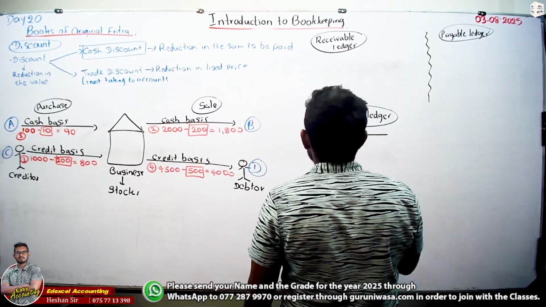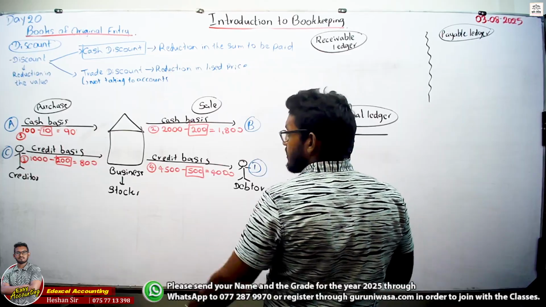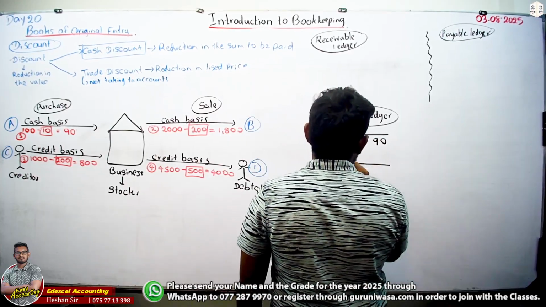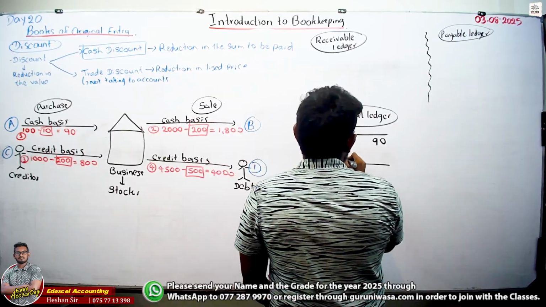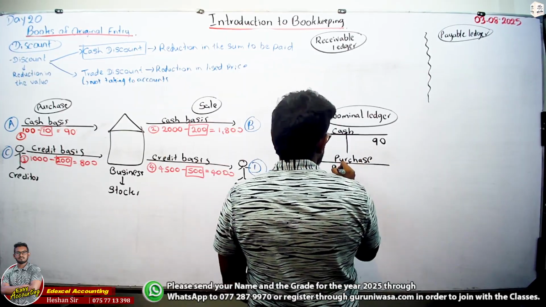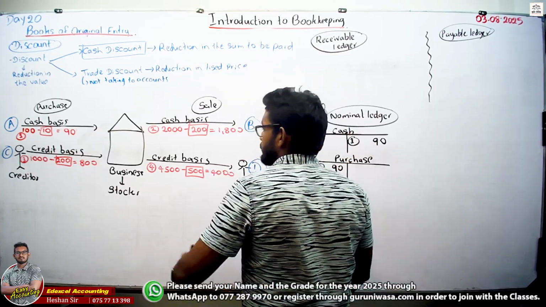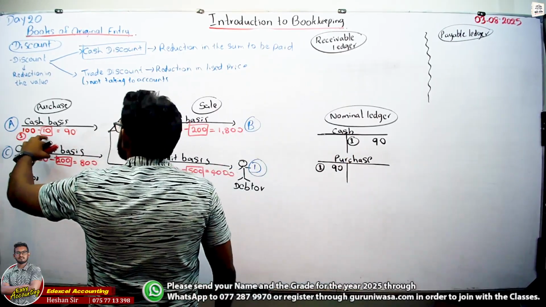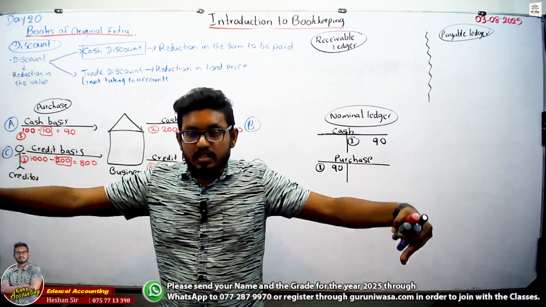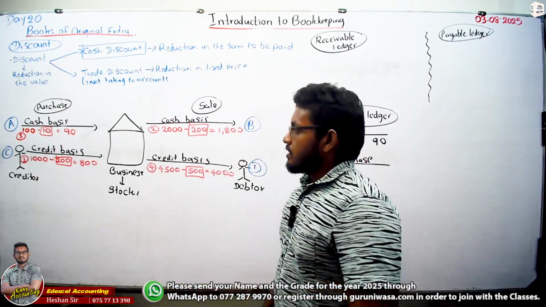So you can see cash account credit, because we are paying 90, and purchase account debit 90, since trade discounts are not taken into accounts.